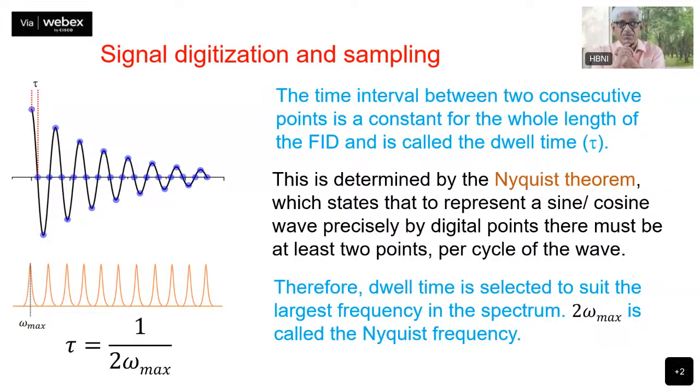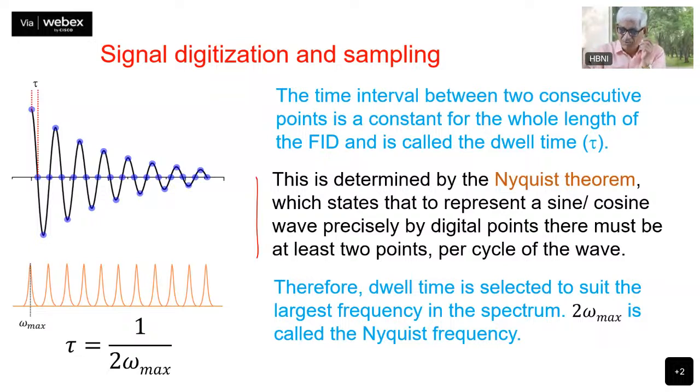This is called the Nyquist frequency, and this is the standard rule. You need to represent a complete cycle of a sine wave, so you need at least 2 points per cycle. So once you choose it for the largest frequency, what happens for the smaller frequencies? There will obviously be more points in the cycle.